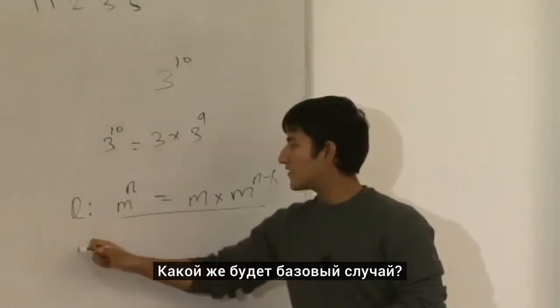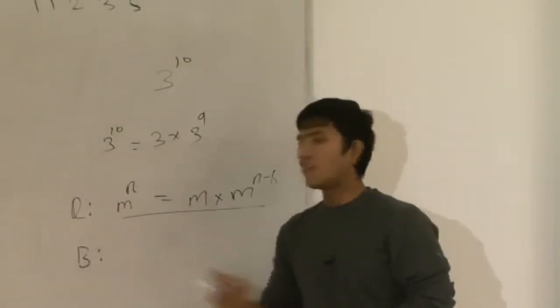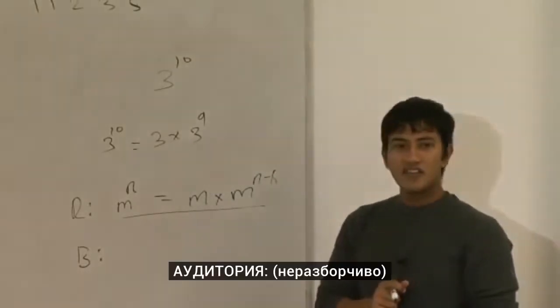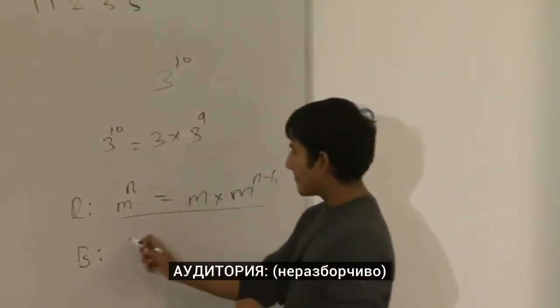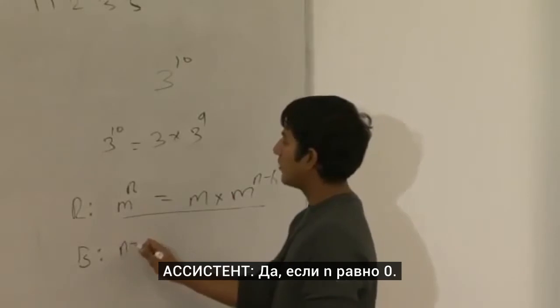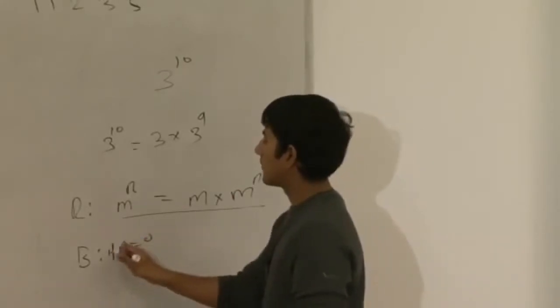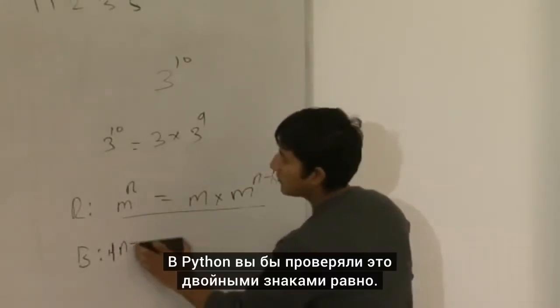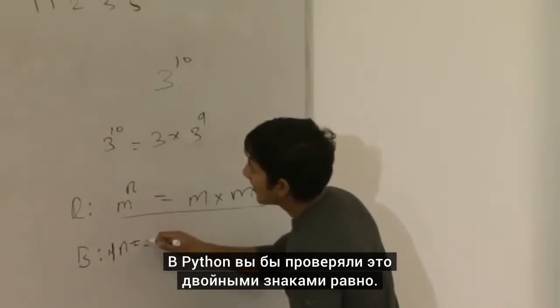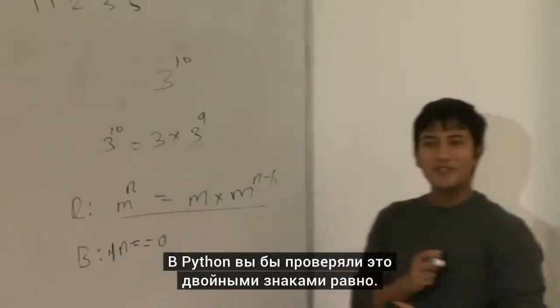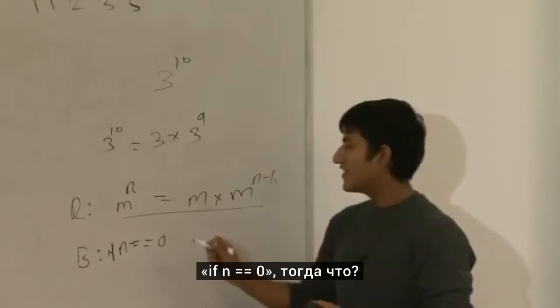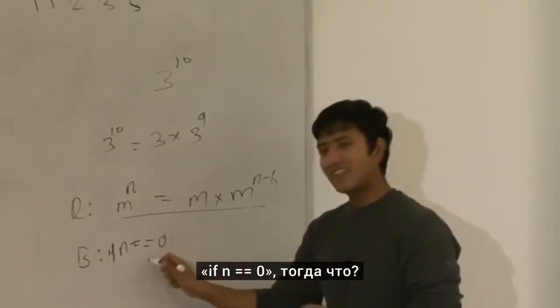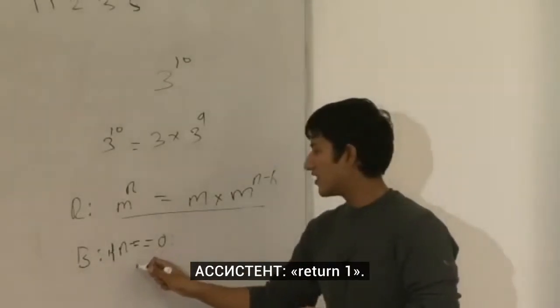What is the base case? Yes, if n is equal to 0, in Python you would test this with two equal signs. If n is equal to 0, then what? Return 1.